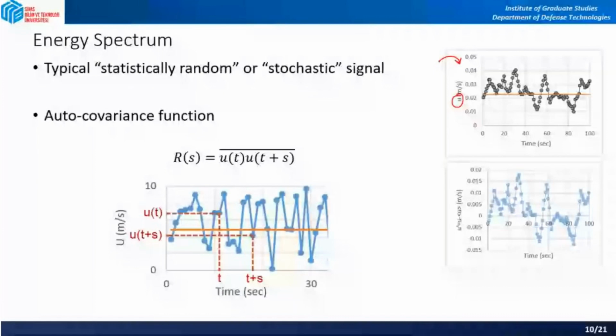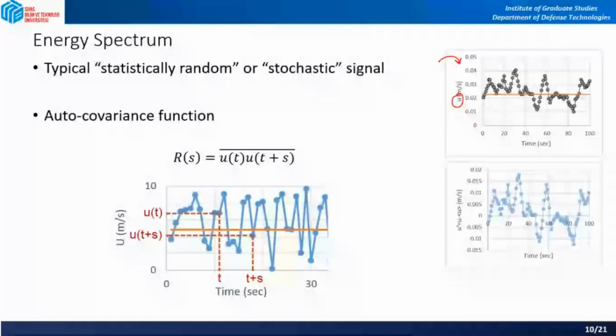Just to remind you, a statistically stationary process means that the statistical properties like the average, the variance, the skewness, flatness, and other things do not change with time. In addition to those, we have defined some other parameters like the autocorrelation function, and so on and so forth.